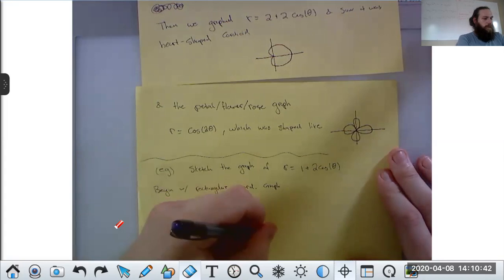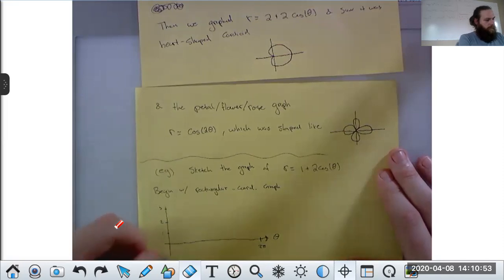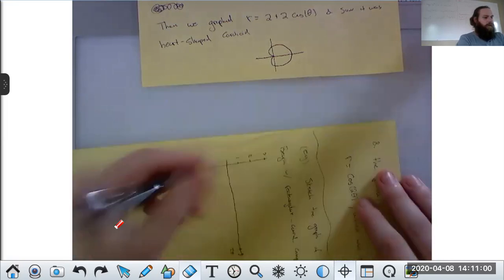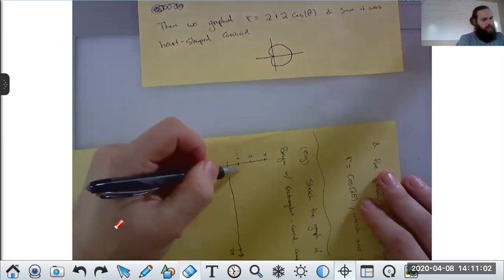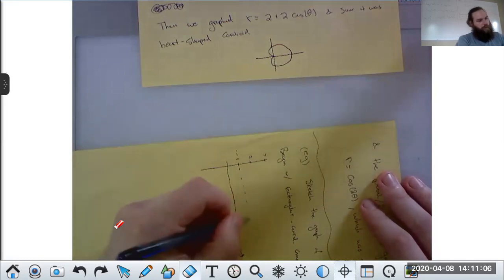This is the theta axis, and I'm going to go out to at least 2 pi. I like to draw in the equilibrium. So the equilibrium for this guy, if the cosine term is 0, is the horizontal line r equals 1. So I like to put him in as a dashed line, makes it easier for me to draw these.